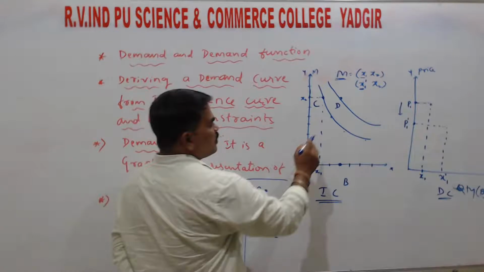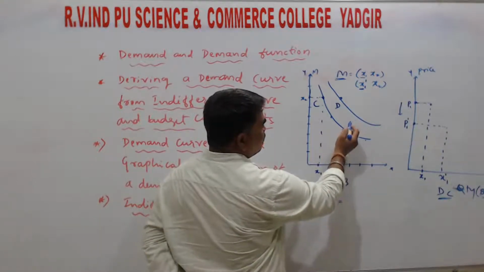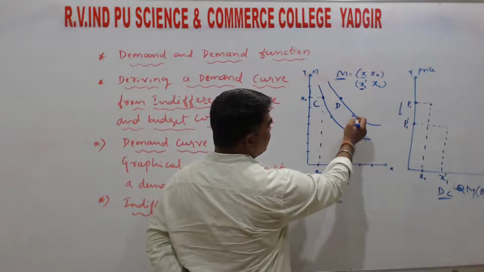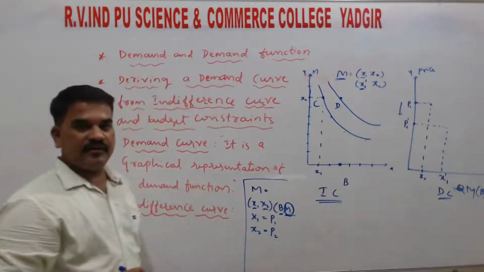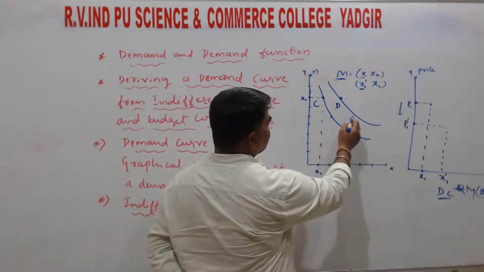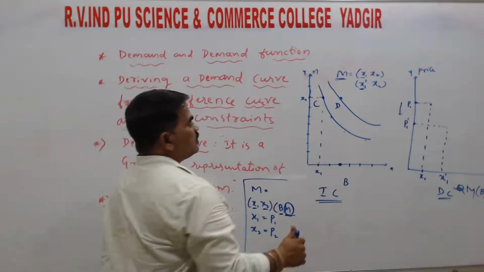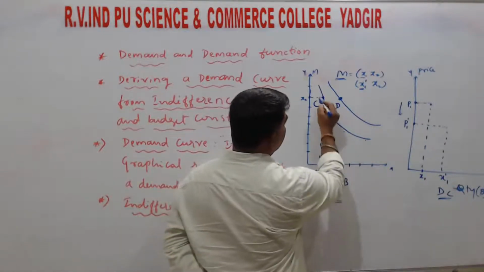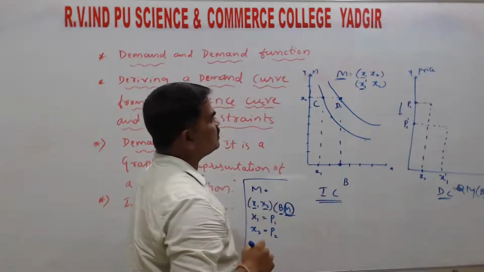This is one of the features: when we have a higher indifference curve, there will be a greater satisfaction level. The utility increases. This is the new bundle where, with the same mango, he is getting more bananas.